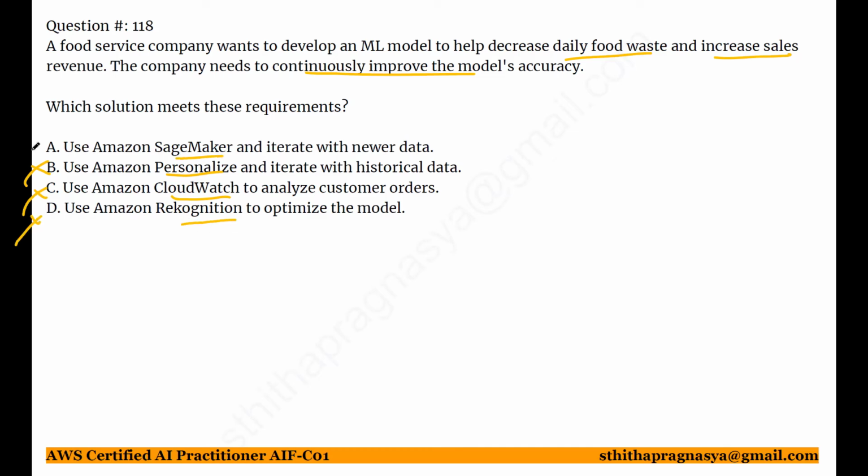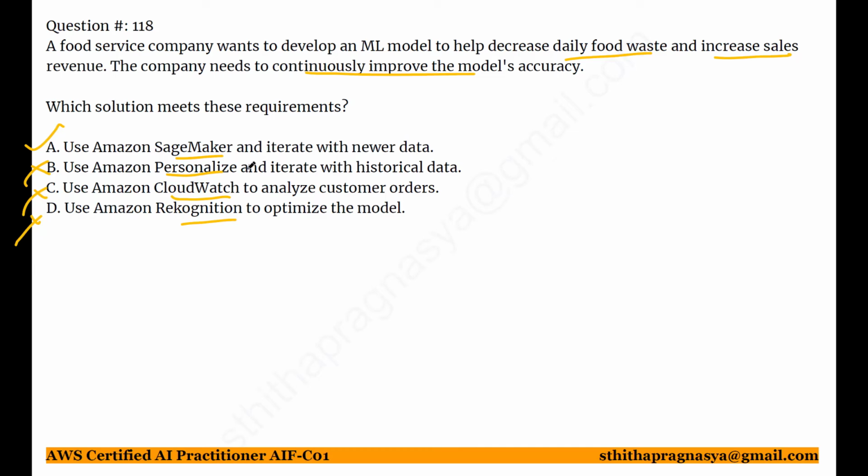SageMaker, of course, we are going to use SageMaker, because this provides a comprehensive platform for building, training, and deploying ML models by continuously incorporating new data like daily sales and food waste metrics. The company can retrain and refine the model, improving accuracy over time. This approach aligns with the need for continuous improvement and handling dynamic data.